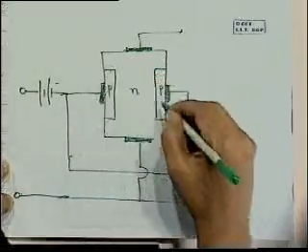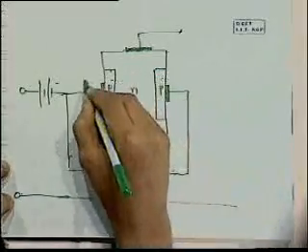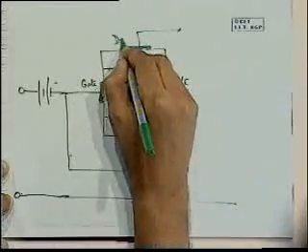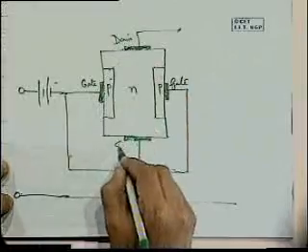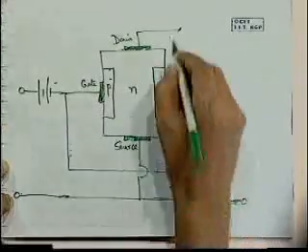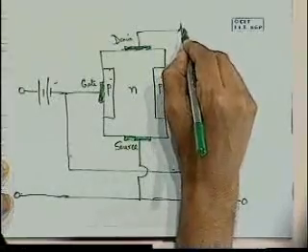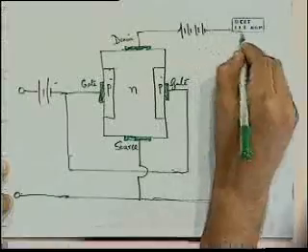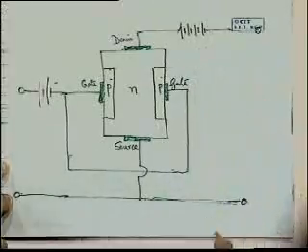So this area here, this and this, is my gate. This is the drain, and this is the source. And the drain is also reverse biased. Okay?